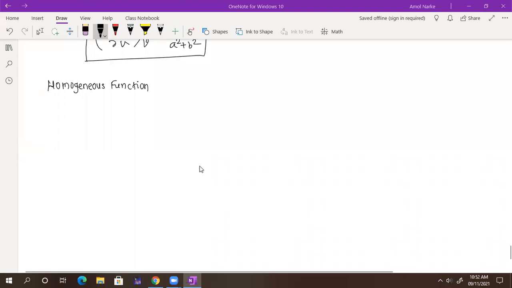Okay. So homogeneous function. I'm going to give you a definition. Suppose f of x comma y is a function of x and y.